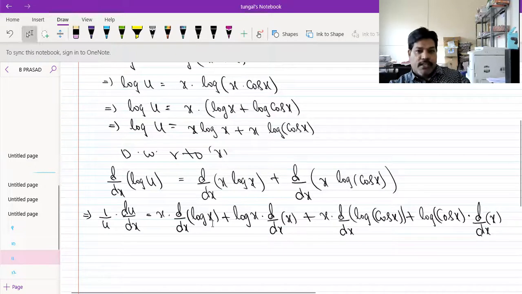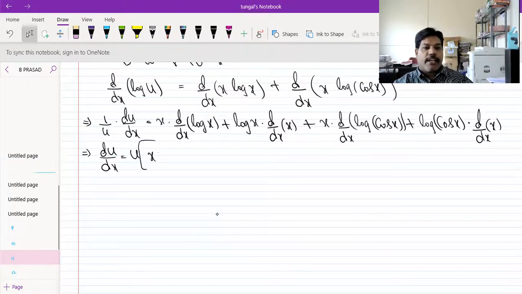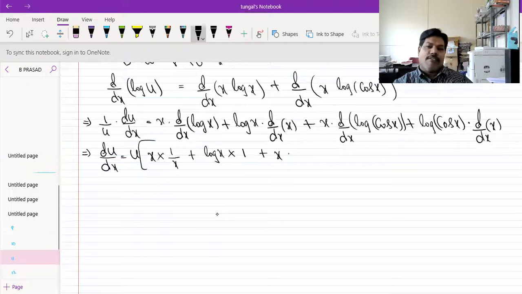So what happens? Take this u to that side. du by dx is equal to u into, so x into the derivative of log x is 1 by x, plus log x into the derivative of x is 1, plus x into the derivative of log f of x.